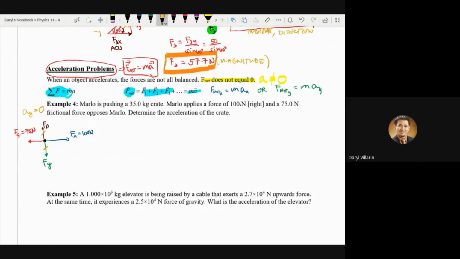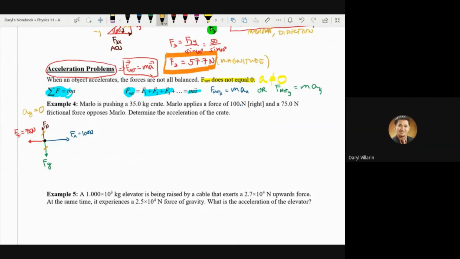So again, the crate is acted upon by 4 forces, but the motion of the object is just along the x, because the normal force in this case is equal to the weight of the object.